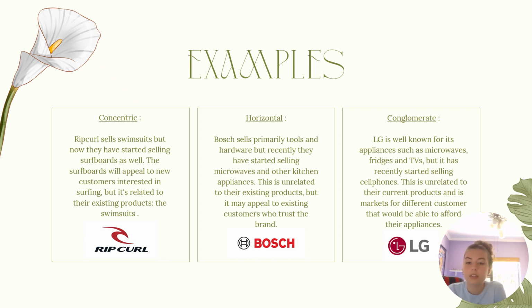And the markets that they are sold in is different, so it appeals to different customers, because the market that LG sells its appliances in, its appliances are unaffordable to the people who can afford their cell phones. The cell phones is marketed to a more affordable market, where LG's appliances are more exclusive, if you will.